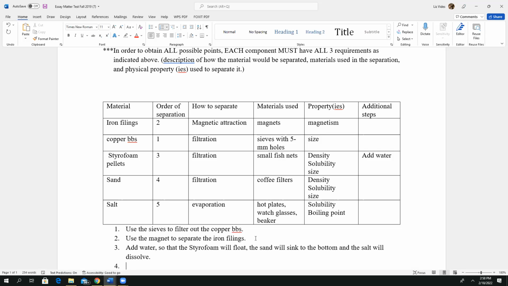See, there's your additional step. Because you got to do that, otherwise this won't work. All right, number 4 would be to use the coffee filter. No, not yet. We haven't done that yet. Use the fish nets to retrieve the floating styrofoam pellets.